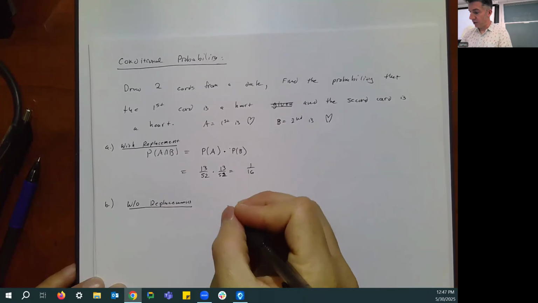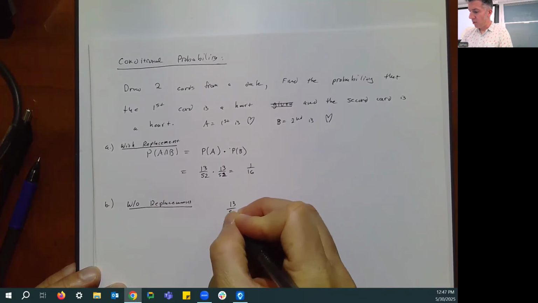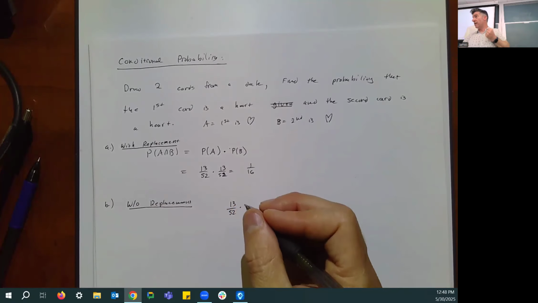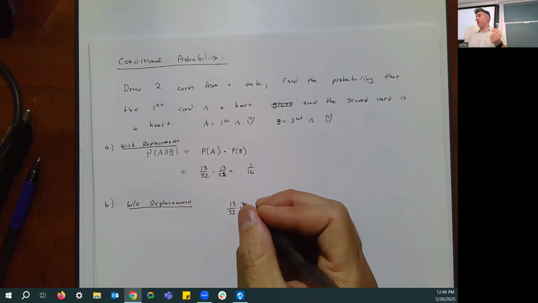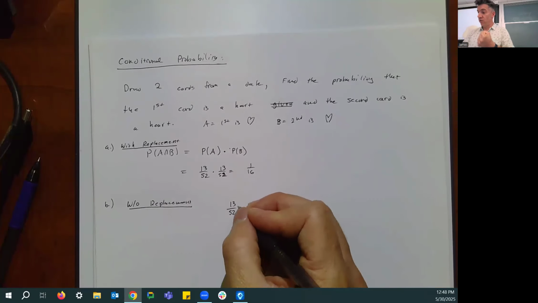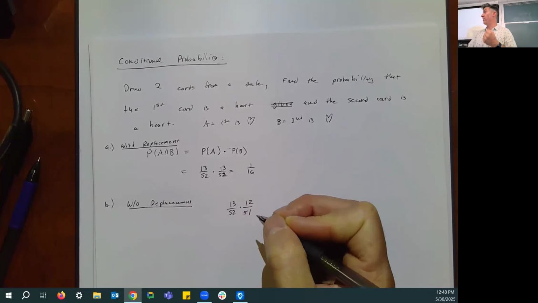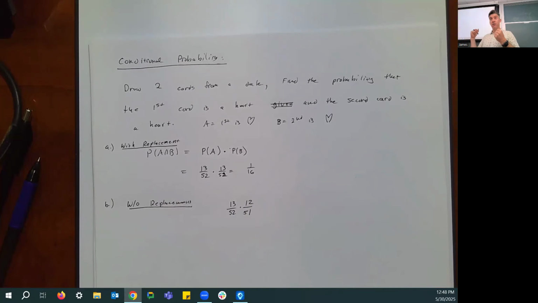Right, still 13 out of 52. But now we've removed that heart from the deck, right? We're holding it in our hand. What's the probability the next card is a heart? 12 out of 51, right? We've removed the card from the deck. So the number of things we're drawing from is also smaller.